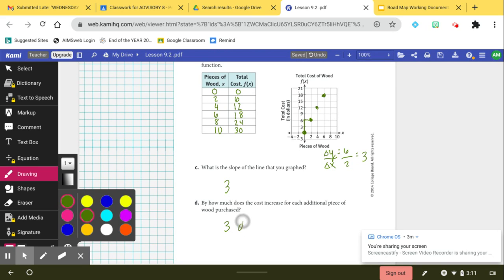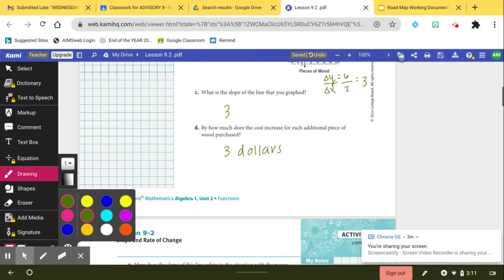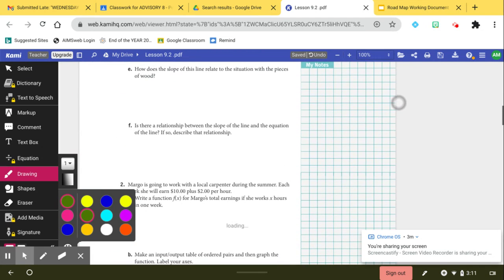Well, $3. My rate of change. So then it says, how does the slope of the line relate to the situation with the pieces of wood? So the slope is my rate of change.